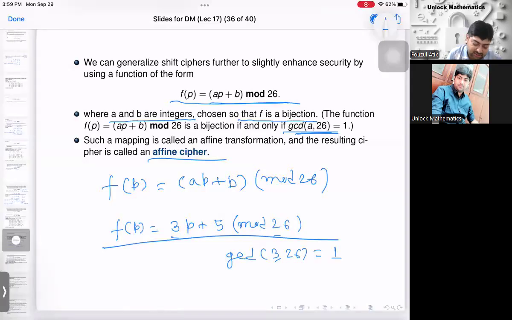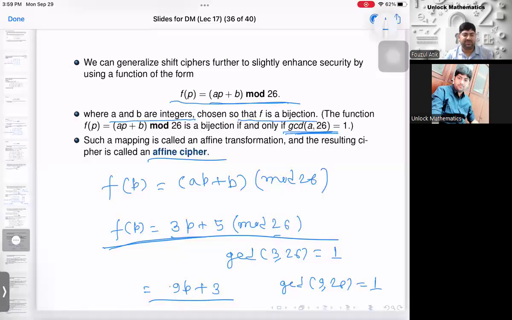I can also take f(p) = 9p + 3, because GCD of 9 and 26 is 1. So whenever the GCD between a and 26 is 1, this function will always be bijective, and this transformation will work. You should be clear about it.